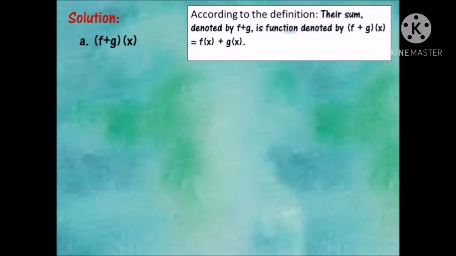So, our solution for example number letter A is f plus g of x. So, according to our definition, their sum denoted by f plus g is a function denoted by f plus g of x, and that is equal to f of x plus g of x. Therefore, yung hinahanap natin dito na function na f plus g of x is equal to f of x plus g of x.